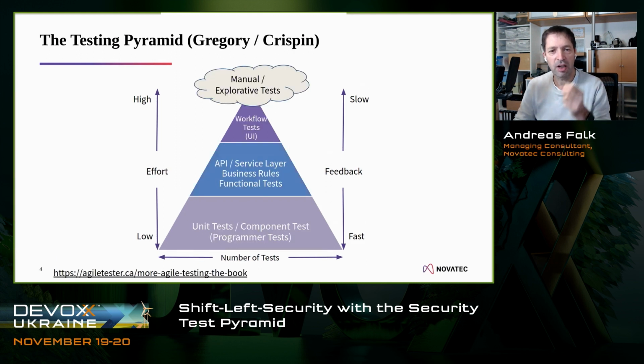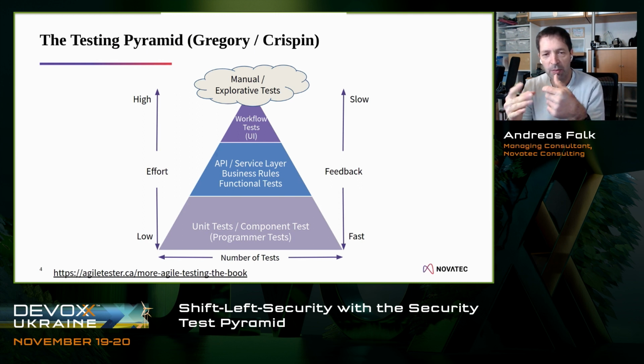There's also a more advanced variant of that testing pyramid invented by Gregory and Lisa Crispin. These are the two authors of the famous Agile Testing book. They describe the unit tests also as programmer tests or component tests. And the service layer tests, they describe as testing business rules, functional tests, some API service layer testing.